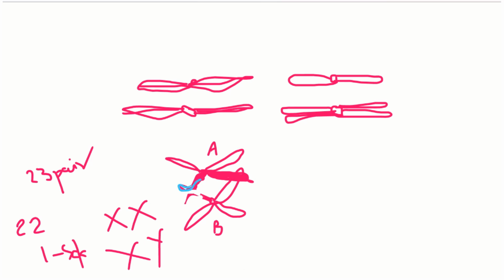So part of the chromatid from B joined to the chromatid A, and part of the chromatid A now comes and joins the B chromosome. Like this they change. The genes present here now come to this chromosome, and the part of the chromosome which is present here moved toward that chromosome.